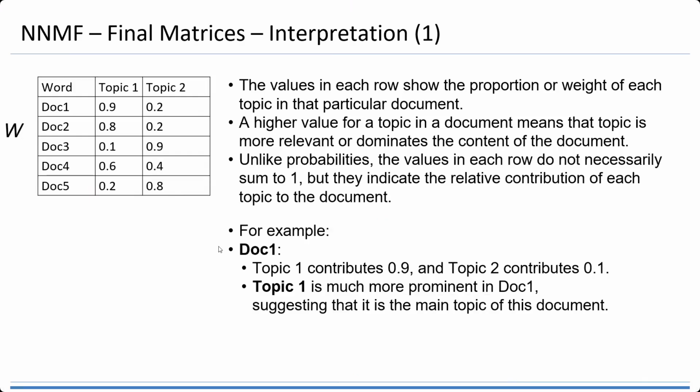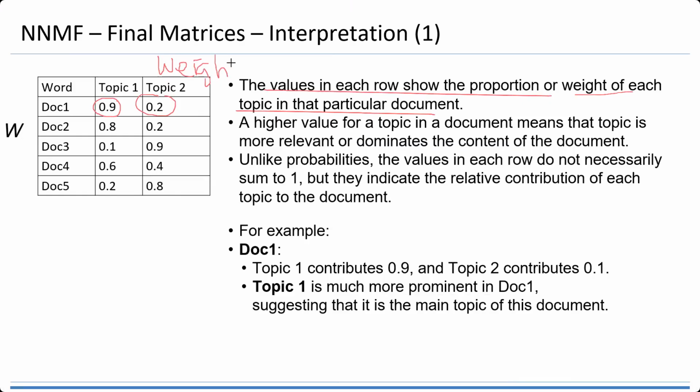The other thing we need to know about this kind of result is that the value in each row shows the proportion or the weight of each topic in that particular document. We call it weight.